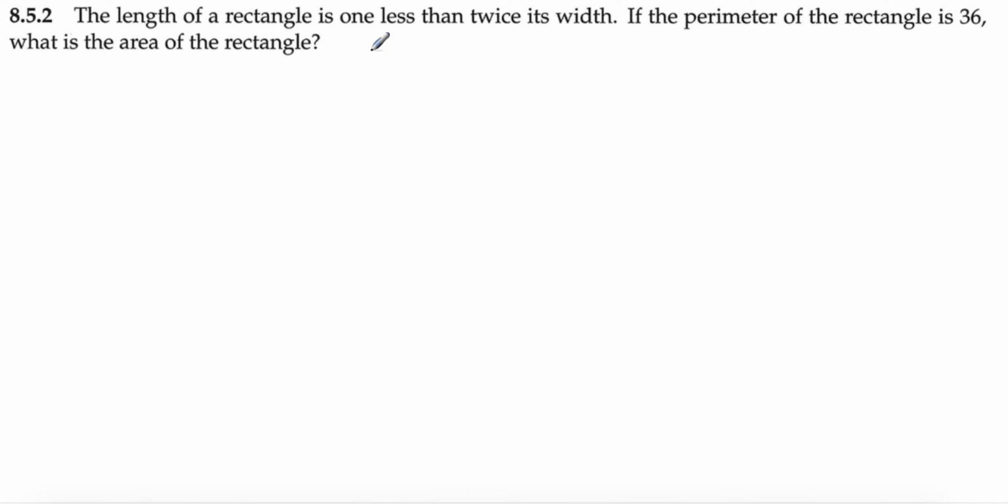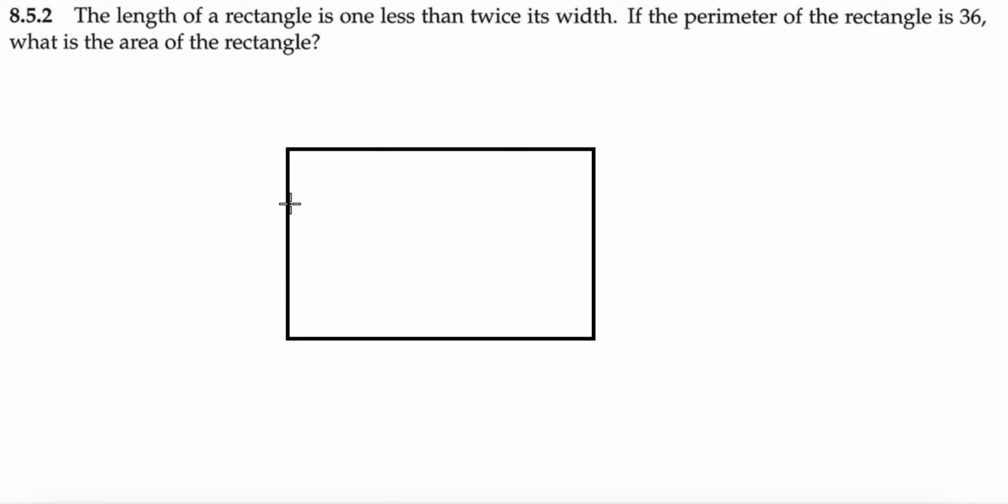The length of the rectangle is 1 less than twice the width, so I'm going to draw another rectangle here. The length of the rectangle is 1 less than twice the width, while this one is width. If the perimeter of the rectangle is 36, what's the area? So perimeter, that means this is W, this is 1 less than twice the width.